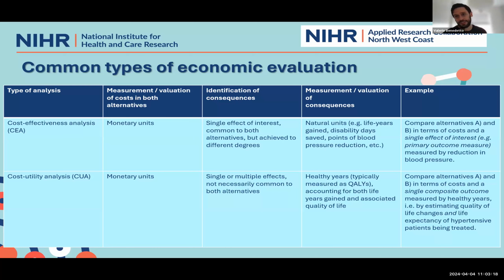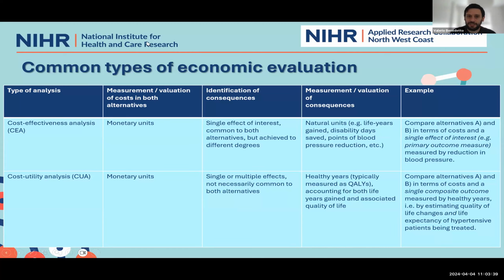But now let's have a look at the other side, the consequences, or let's say the benefit side. So how we measure, how we identify consequences. So first of all, cost effectiveness analysis. There is a single effect of interest, common to both alternatives, but achieved to different degrees.